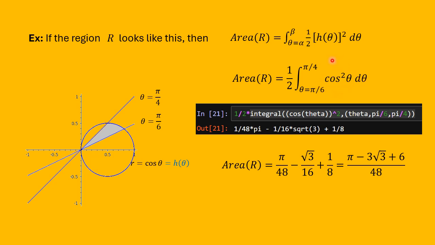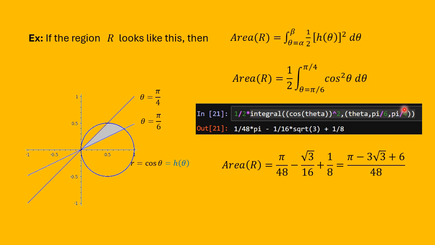We have, hopefully all of us have seen how to integrate cosine squared of theta, and we can also do that integral using SageMath. And so let's see what we can do with that. In SageMath we can write the command 1/2 times the integral of cosine of theta quantity squared, where theta goes from pi over 6 to pi over 4.